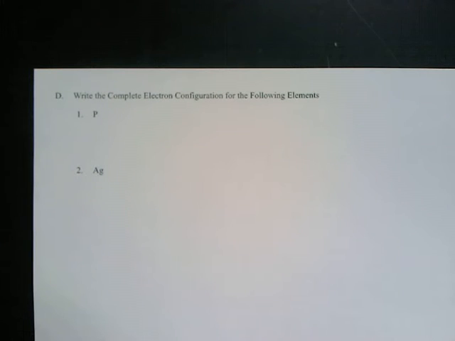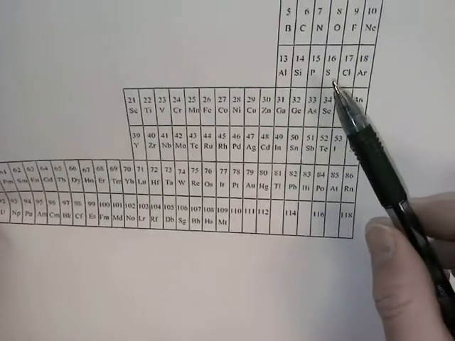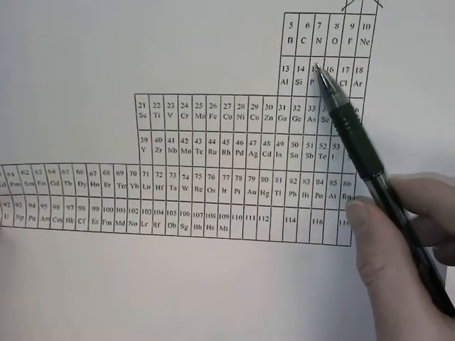So we get to our examples here where we want to write the complete electron configuration for these particular elements, and we start with phosphorus. So we identify where phosphorus is. Phosphorus is element number 15, and so that will be our stopping point.